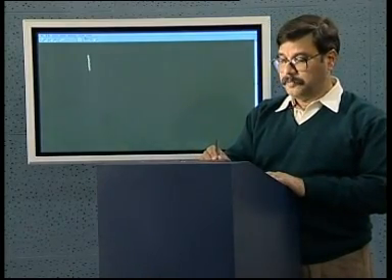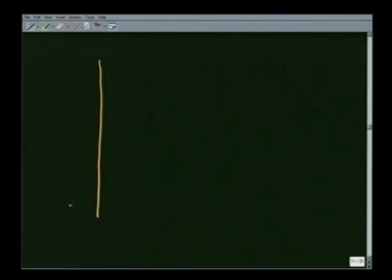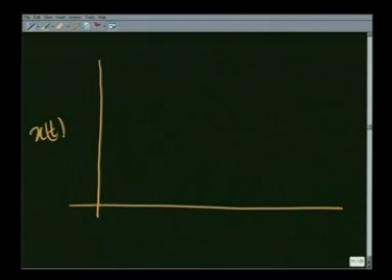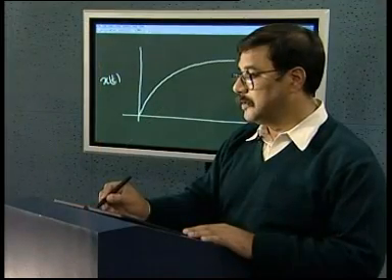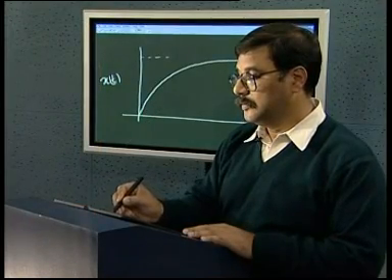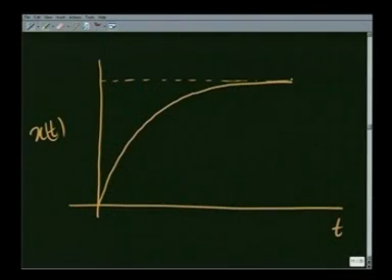If I plot x of t as a function of time, initially obviously distance travelled is 0 and slowly it moves up and goes like this, the final distance being v0 m over k.